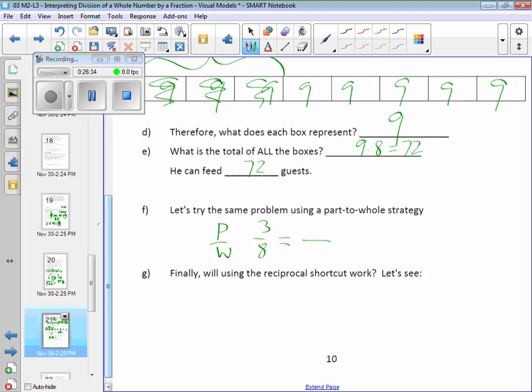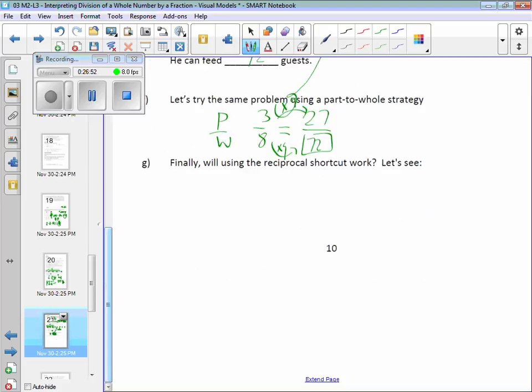Remember, the constant is the magic number. Here comes reciprocals. Ready? 27 divided by what fraction again? 3/8. Put a 1 over this because we're going to need it. What's the reciprocal of 3/8?